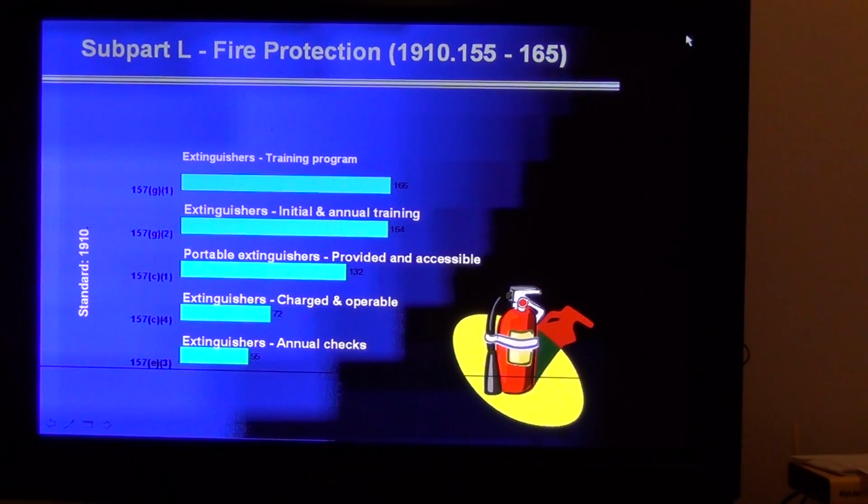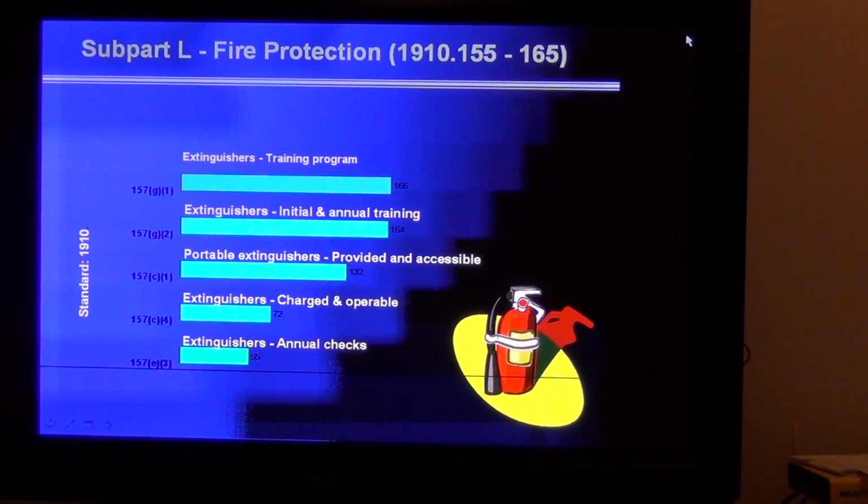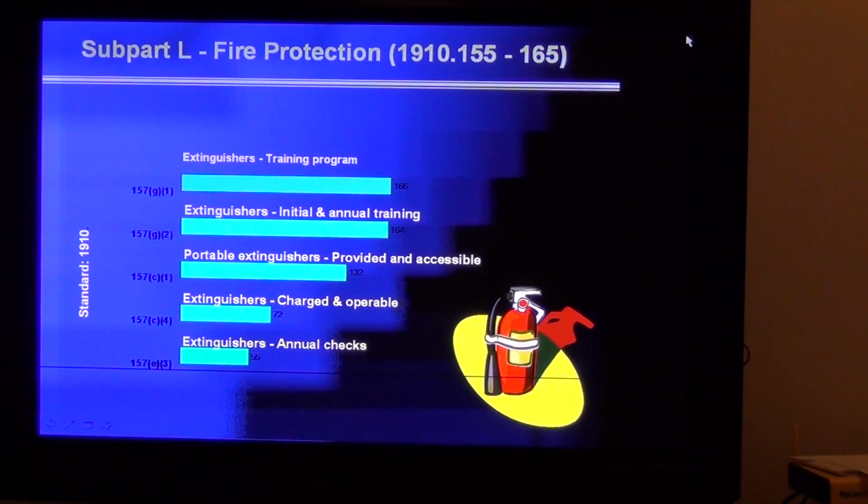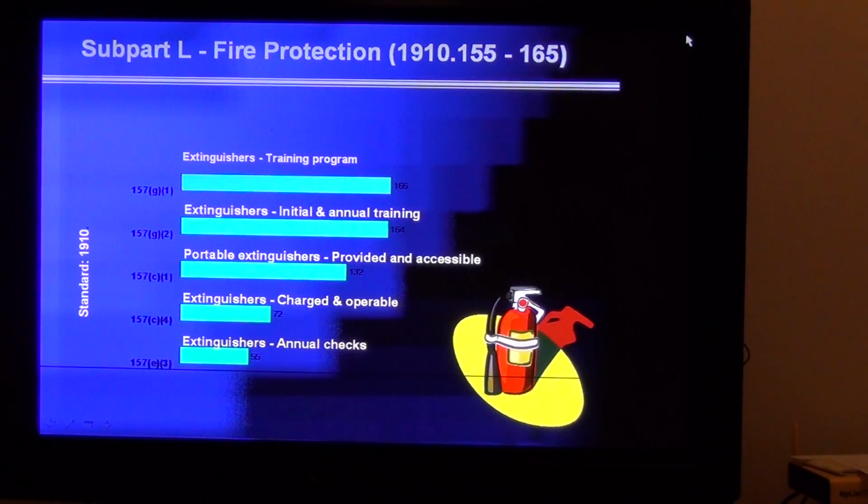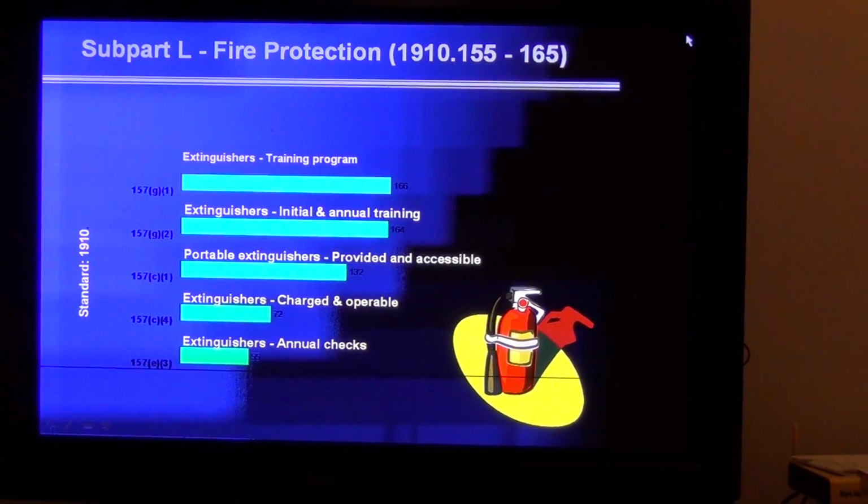And this is a very important standard for fire protection. And in the USA, we use a lot of different standards. The most important one is from the National Fire Protection Association.